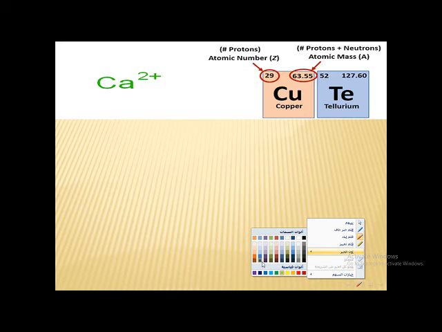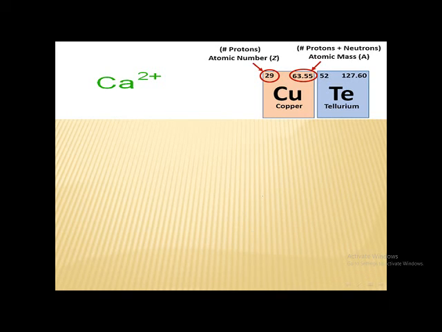Let's try this color. Okay, we have a Cu. So let's take this Cu and see if we have a plus 1.